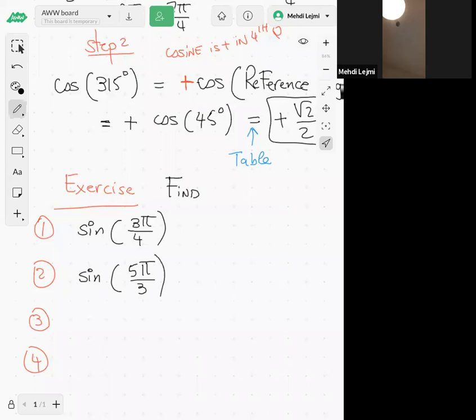Number 3, cosine of 4 pi over 3. And number 4, cosine of 11 pi over 6.